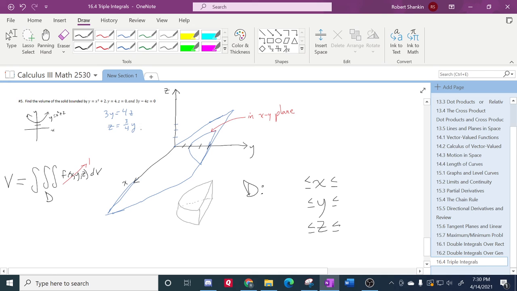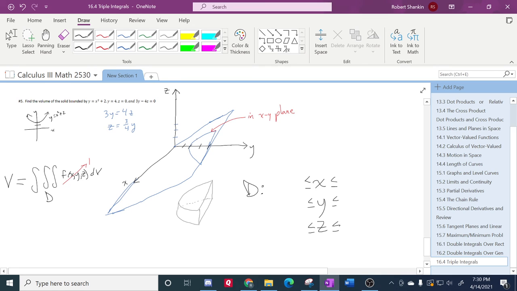Now, it's kind of a little bit arbitrary by just picking one of these, though. We could pick any of those to be the one. Z would have to go from 0 to 12. No. It'd have to go from 0 to 3. 0 to 3, and how'd you get 3?